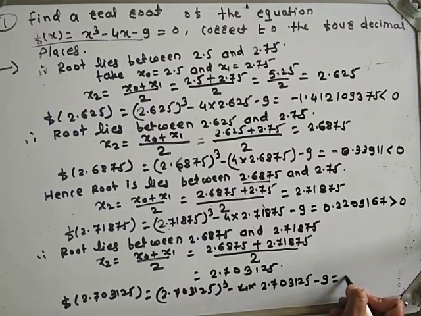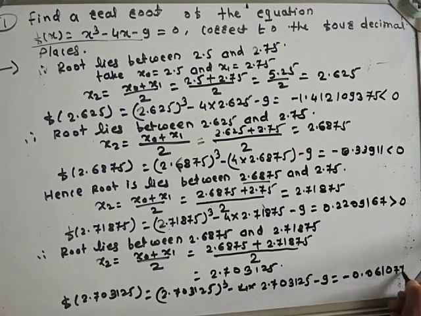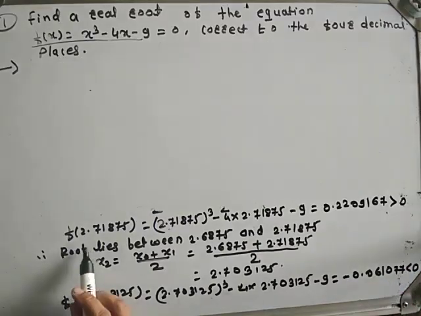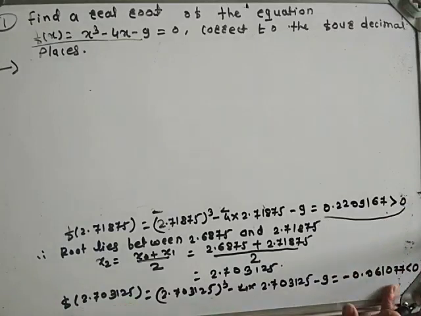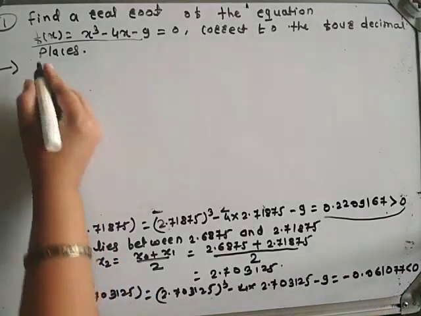After calculating this, we get minus 0.061077, which is strictly less than 0. See here, f of 2.71875 is positive, and f of 2.70312 is negative. Therefore, the root lies between these two numbers.